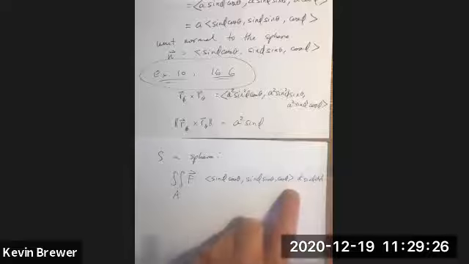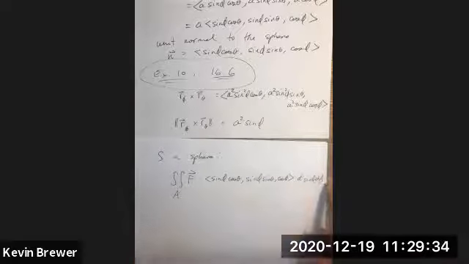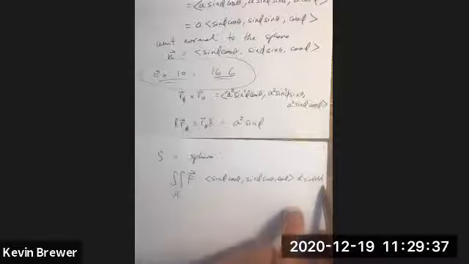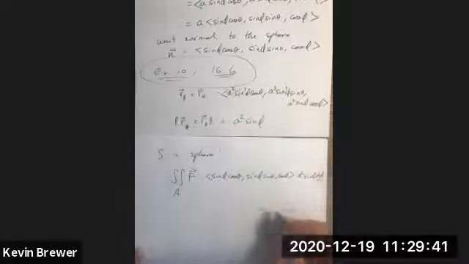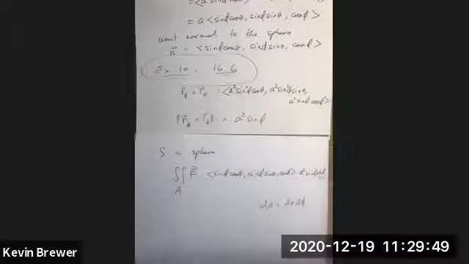Remember, when we were integrating in 15.8, it was rho squared sine phi d rho d theta d phi. Now we don't have the d rho because that's just a and it's a constant. So dA is just d theta d phi, in whatever order makes most sense.